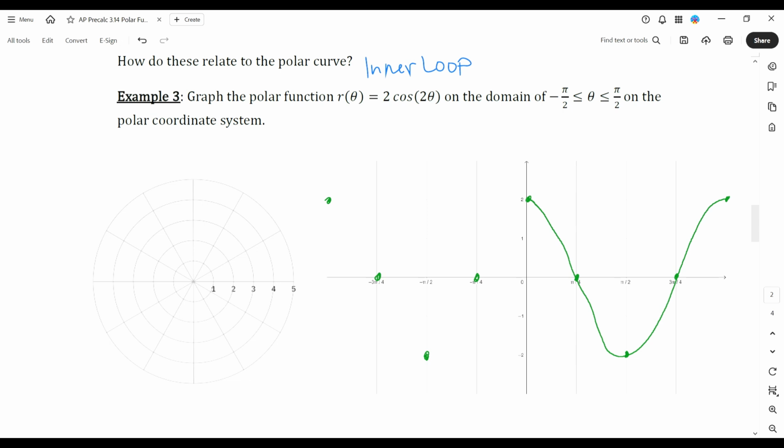I'm going to write that up here: y-axis reflection is an even function. Another example of an even function is x squared. You fold it in half, it's exactly the same.